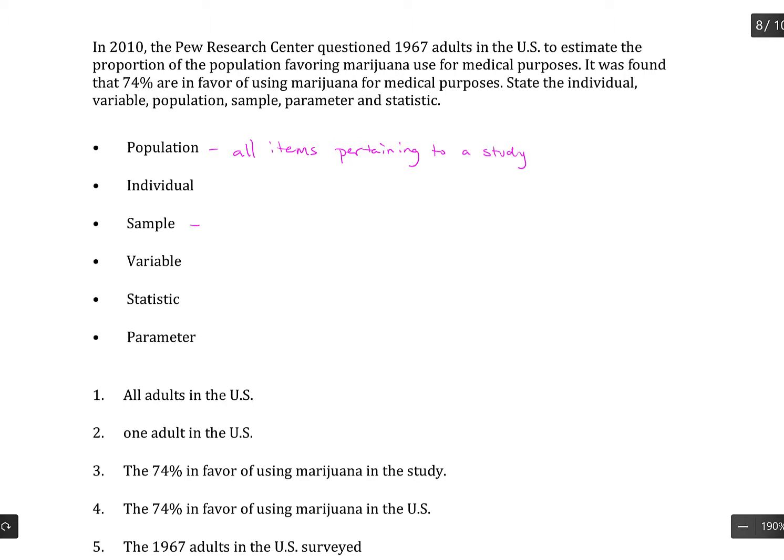A sample is a subset of the population that is used for getting a result easier than using an entire population. An individual then is just one single item from the population.